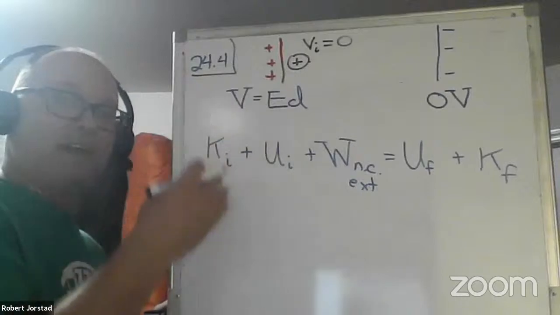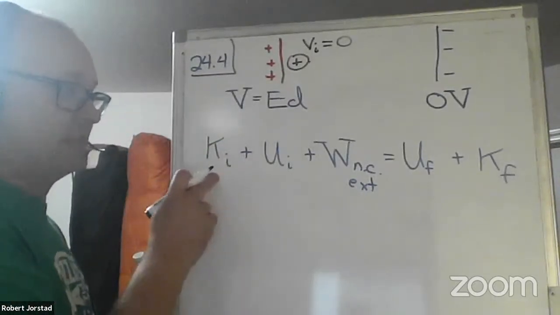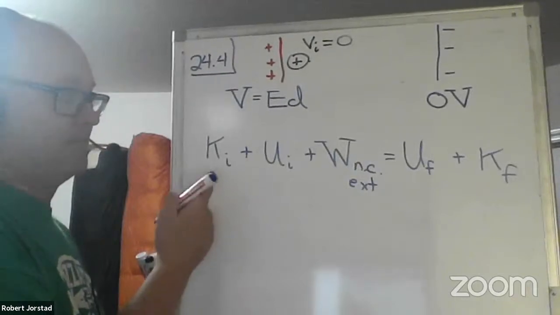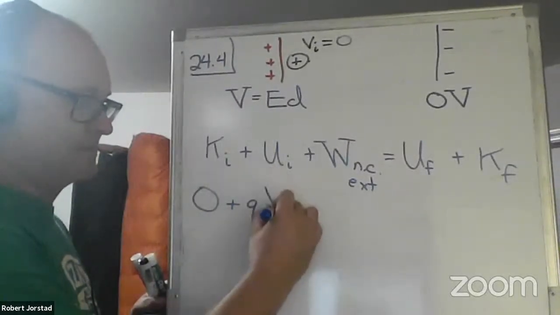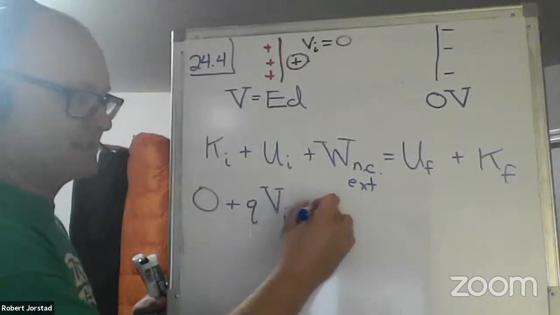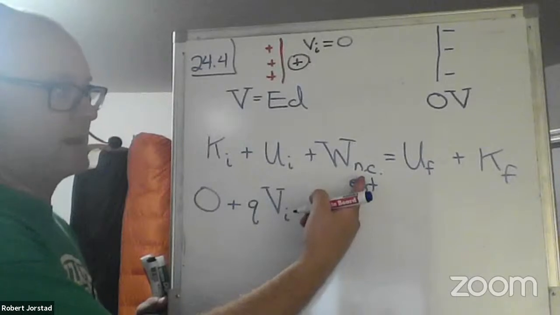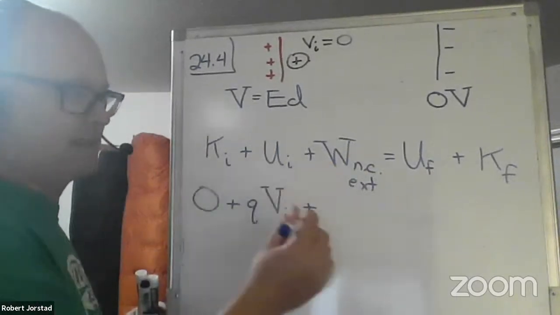Instead of doing all that other stuff, which we can do, this is a little bit faster. The initial kinetic energy is what? 0. The initial potential energy is Q times voltage initial. In this case, I'm just going to tell you right now, electrical forces conserve energy. Great. So we don't have anything else.